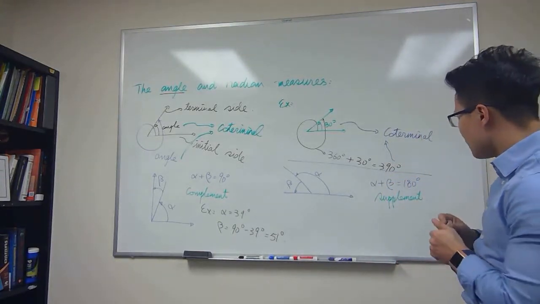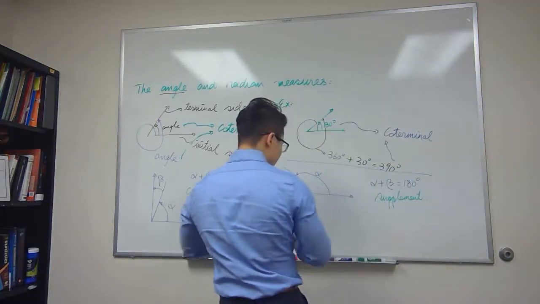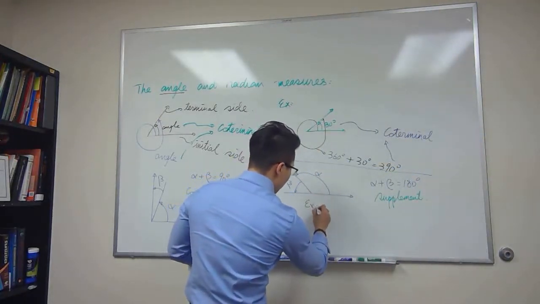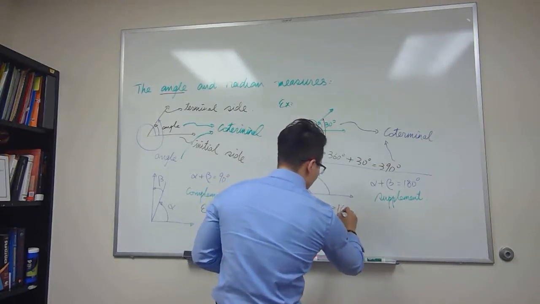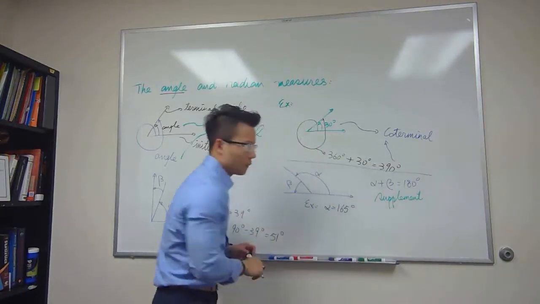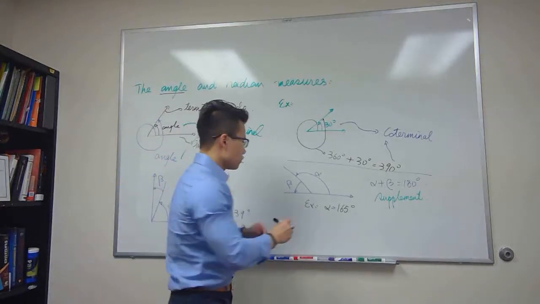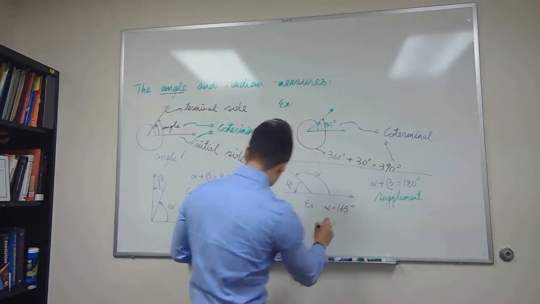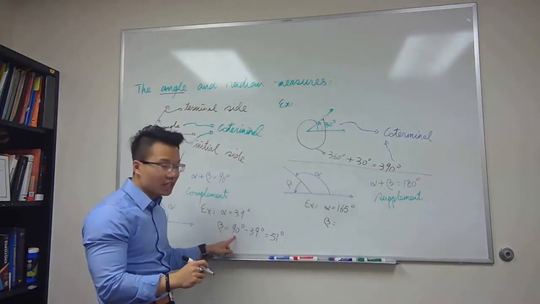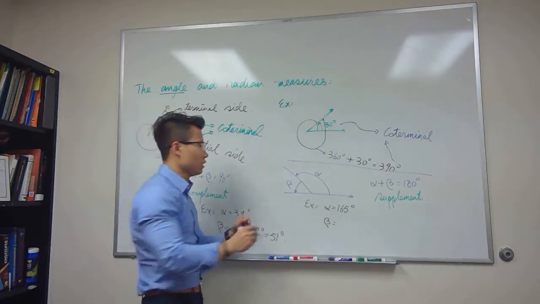Okay, and the example for this one could be we're starting with alpha equals 165 degrees. Okay, and to find out beta, as what we did before, but instead of 90 degrees, we're doing it for 180 degrees.